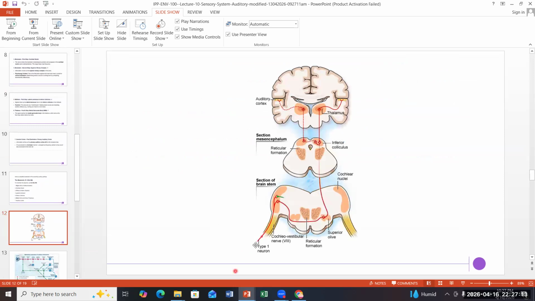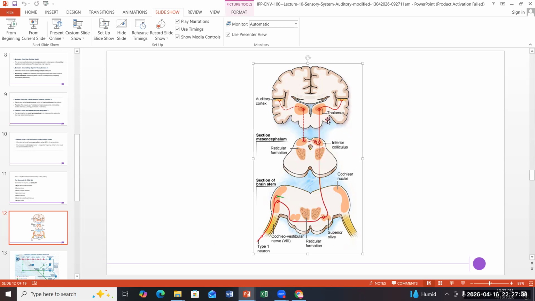Okay, if we see a flow diagram, the sound waves are received by the ear on both sides. From both sides, the vestibulocochlear nerve 8 transfers this electrical impulse to the superior olive region. From the superior olive region, it reaches the inferior colliculus region.